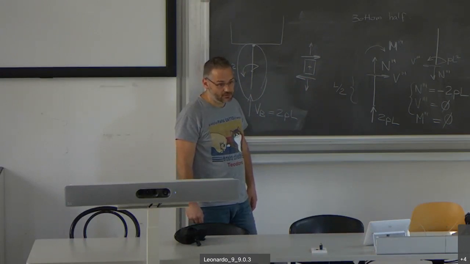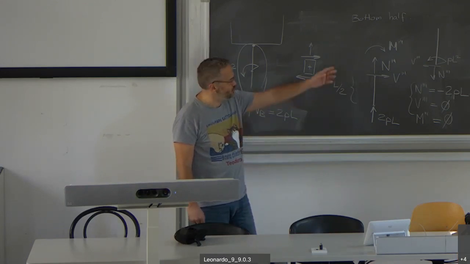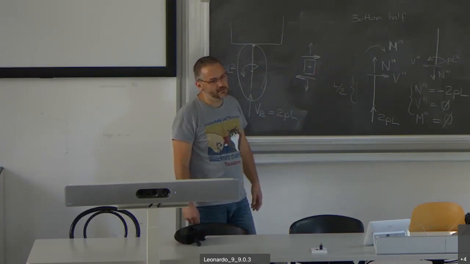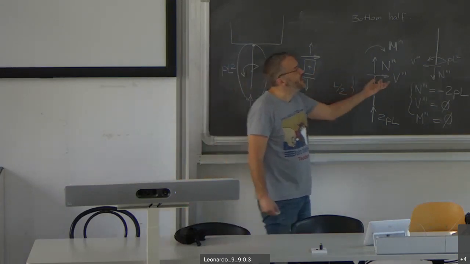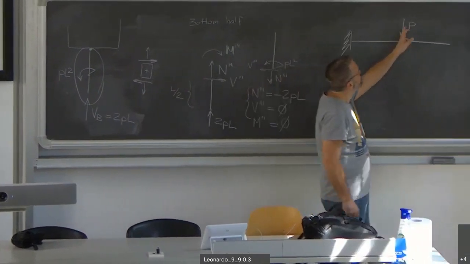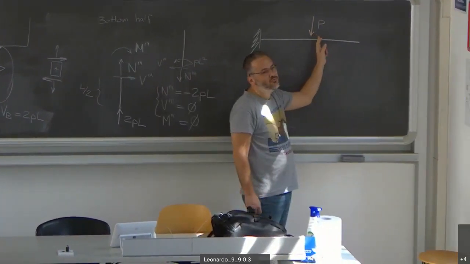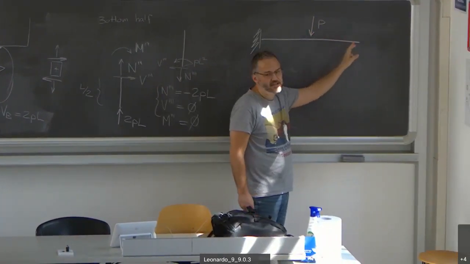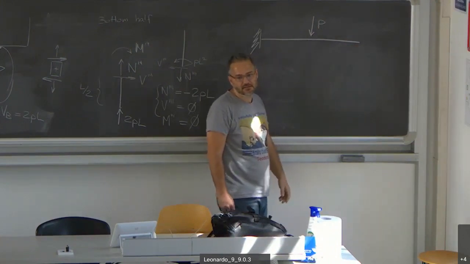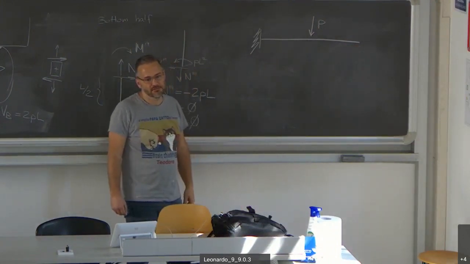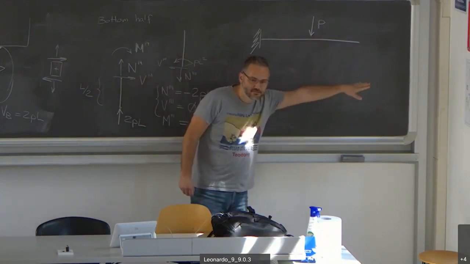I mean, you can't exactly control where force particles go, can you? No, in this case you can. Because even if a small portion of P goes to the right, who counteracts it? Who keeps it in equilibrium? The support. No, to the right.